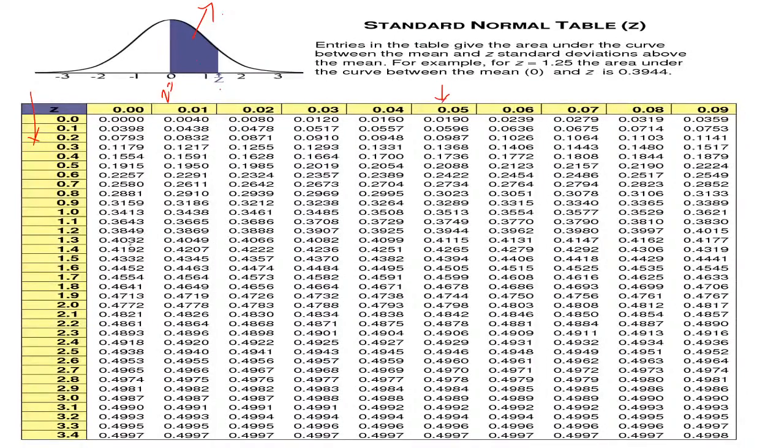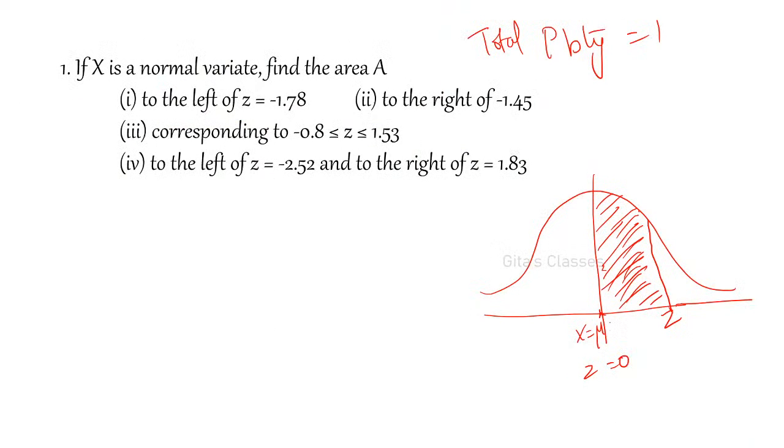So 1.2 and 5 gives 0.3944, this is for 1.25. This is what is given as an example. So if you want to make use of the table, you have to represent the required area in terms of this area. Please remember that, right? So now we'll see how we can apply it in this problem.